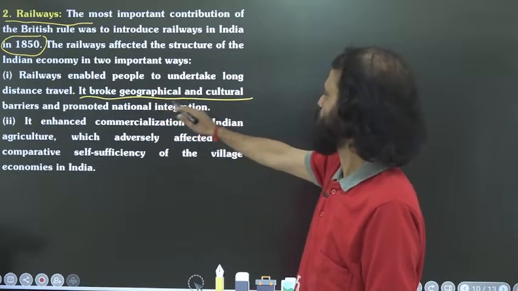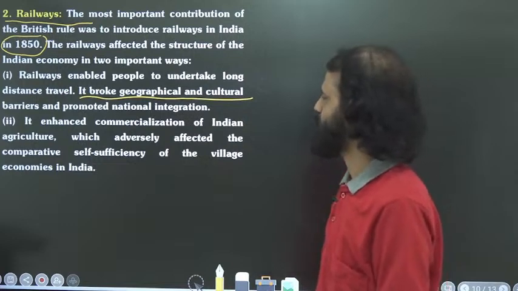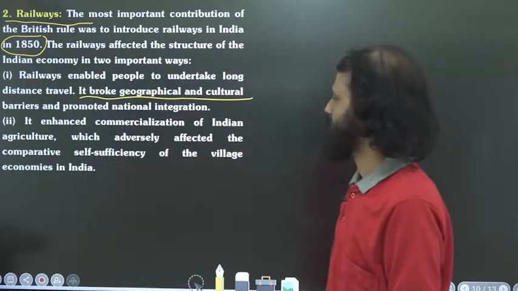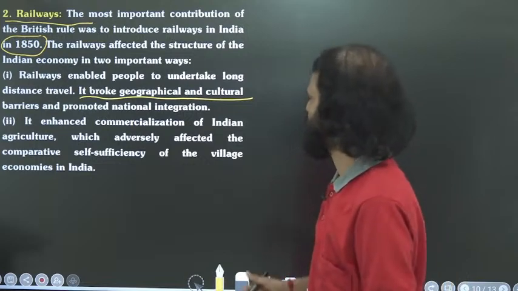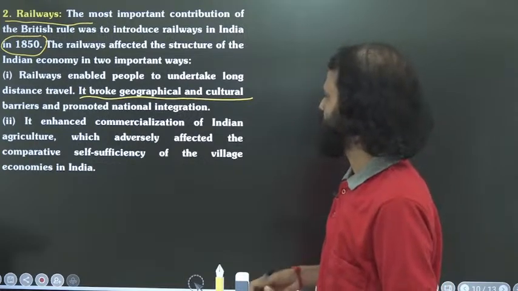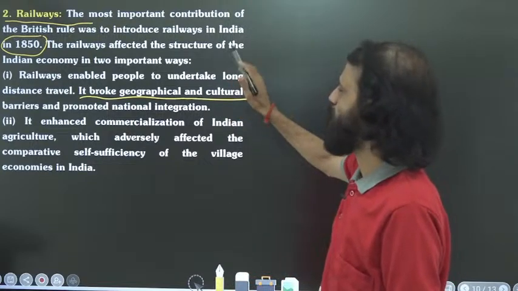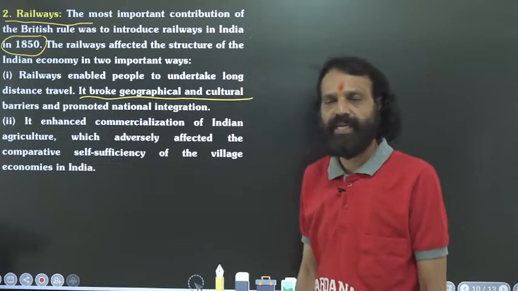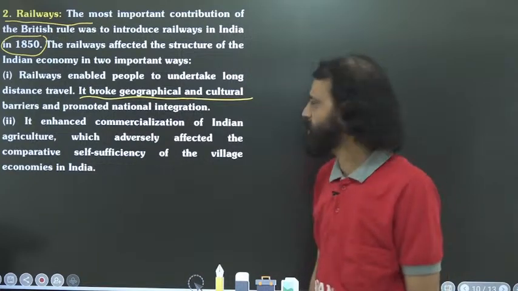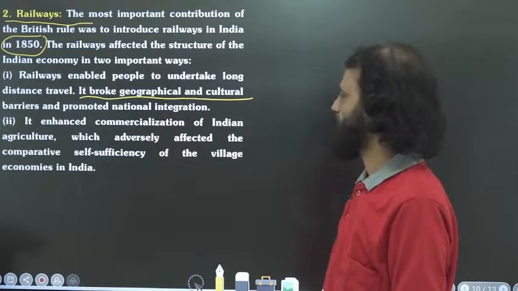They understood the geographical and cultural barriers had been broken, and national integration, the unity came. The feeling of Mother India was more promoted after the coming of Indian Railway, because more people traveled India, experienced the different cultures, and the geographical and cultural barriers were broken.